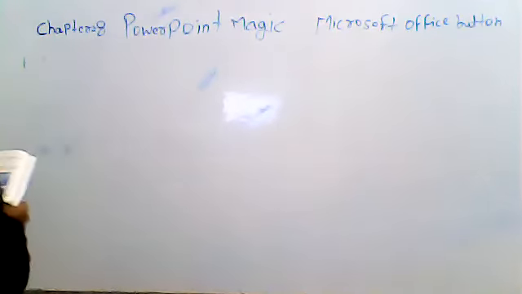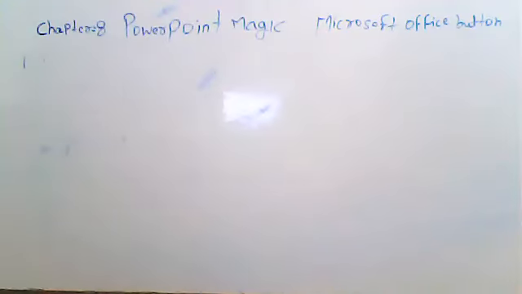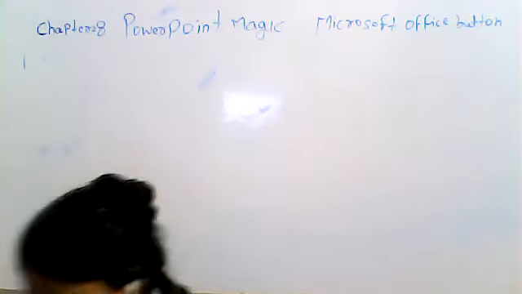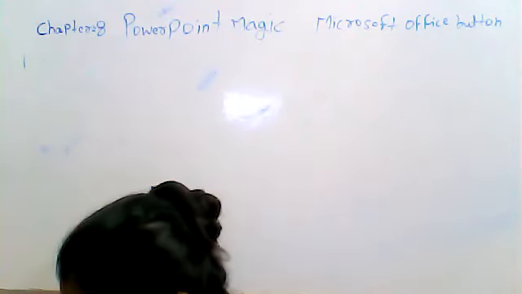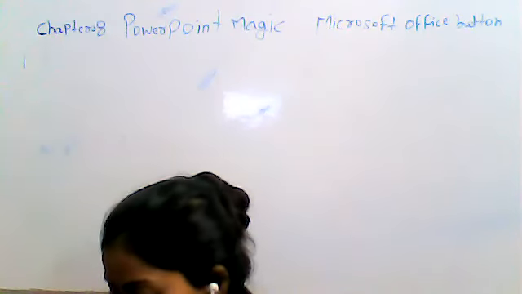To type text, you click inside the placeholder. The placeholder text disappears and the insertion point appears and we type. We click outside the placeholder when we have typed the text.